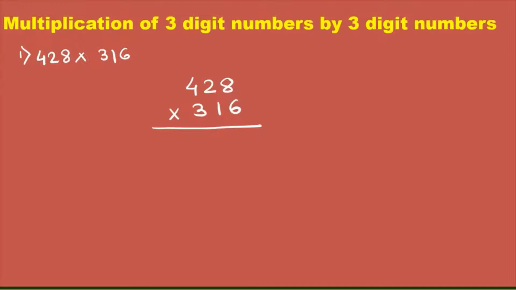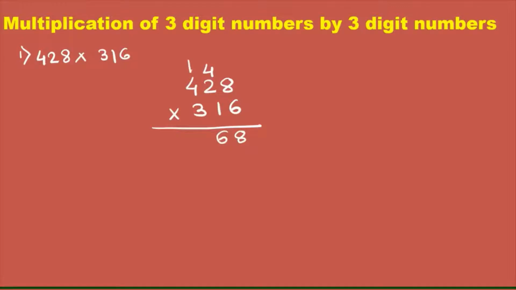So let's get started. So 6 times 8 is 48, so I put 8 here and I carry 4 here. Now 6 times 2 is 12, but we can't write 12 here because we have to add this 4 to 12. So 12 plus 4 is 16. So I write 6 here and I carry 1 here.